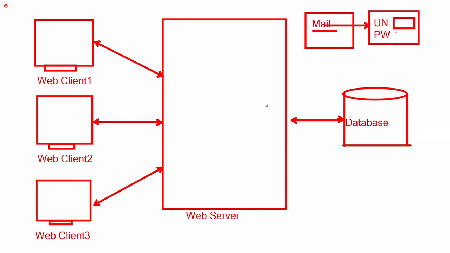You enter the username, enter the password, and click submit. One more page comes, in which inbox mails are displayed. On the left side, hyperlinks will be there: spam, trash. You can also create your own folders in the mailbox. Suppose some important mails are there, you can move them to one folder.